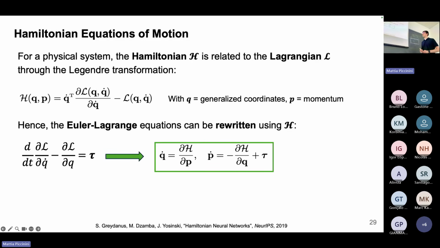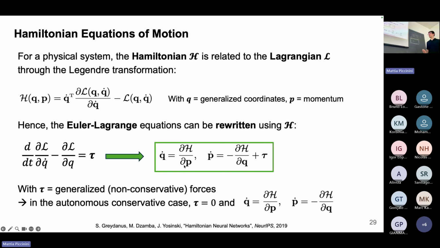And then plug the Hamiltonian into the Euler-Lagrange, you obtain something like this. This was the Euler-Lagrange with the Lagrangian, and this is the so-called Hamiltonian equations of motion. The time derivative of Q is equal to the partial derivative of H with respect to P, and vice versa for P with a minus sign here.